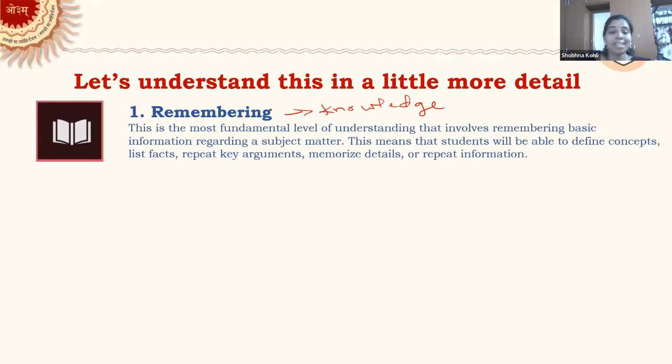A very simple example: when a child memorizes the table in class 1 or class 2, how do they learn the table? Tell me, teachers. Only by memorizing it, ma'am.